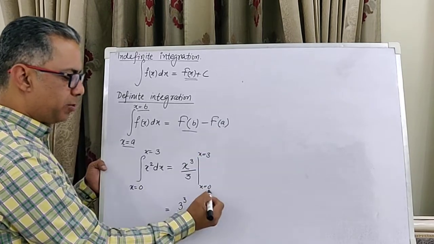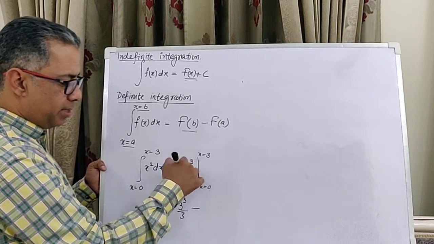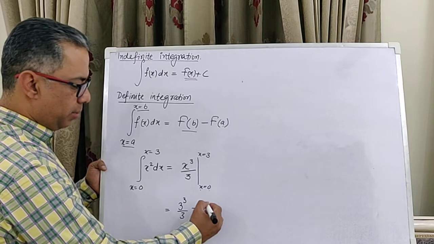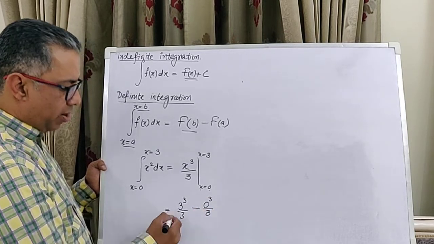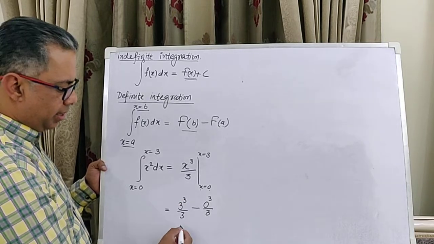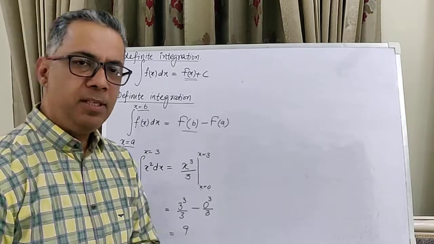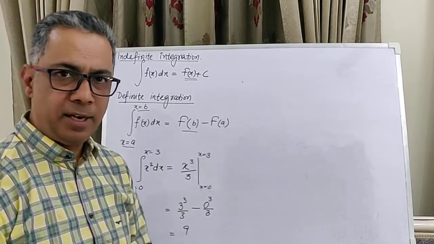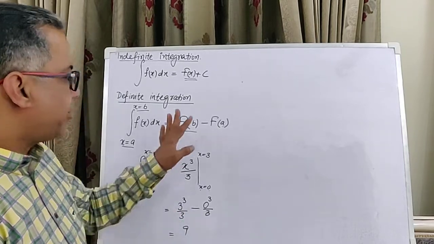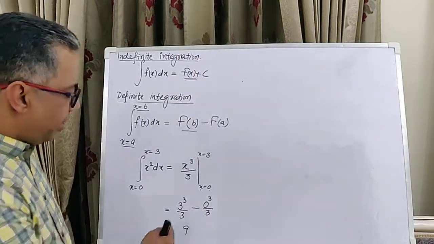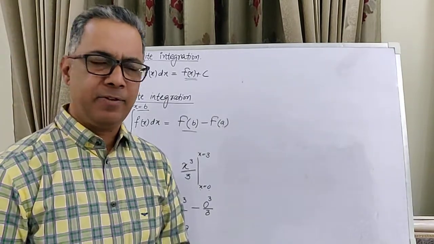Now a here happens to be 0, this is capital Fx. So we calculate the value of this capital Fx at x equal to 0, and we now have 27 by 3, that's 9, and the job done. So this is definite integration. With definite integration, there are no unknown constants, and we get a definite numerical value at the end of the process.